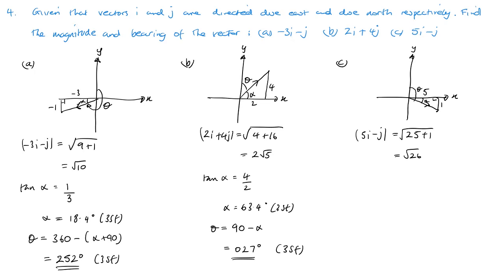And then the bearing: alpha is opposite over adjacent, so 1 over 5, and the inverse tan of that is 11.3 degrees. And then theta, our bearing, is 90 plus alpha. So add 90, we get 101 degrees there.